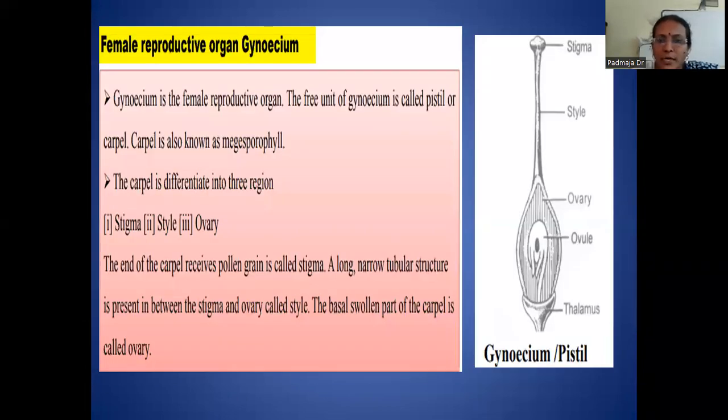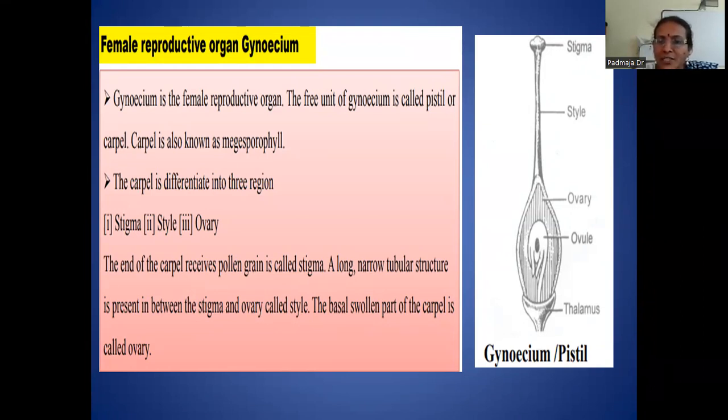Before entering into that, we have to know the idea regarding the female reproductive organ that is known as the gynoecium. Yesterday we studied the male reproductive organ as the androecium. This diagram is showing an essential organ and the fourth whorl of a flower that is known as the gynoecium.